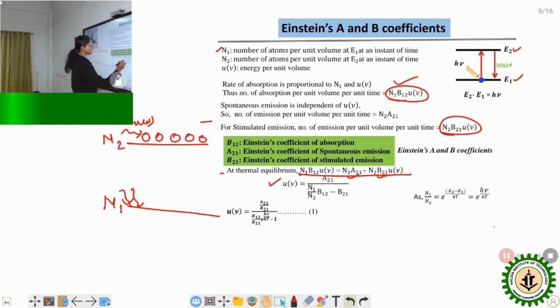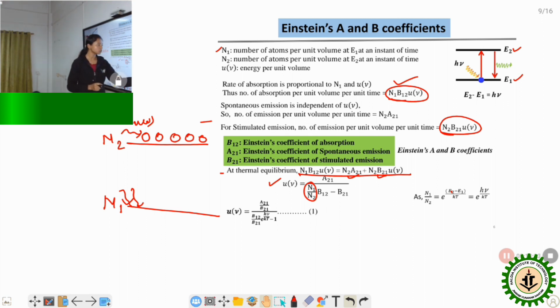The thing is, N1 by N2 can be written as e to the power (E2 minus E1) by kT, and E2 minus E1 is hν. So N1 by N2 is equal to e to the power hν by kT, according to Maxwell-Boltzmann statistics.